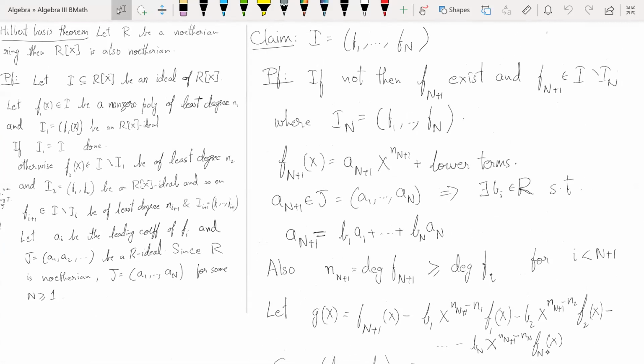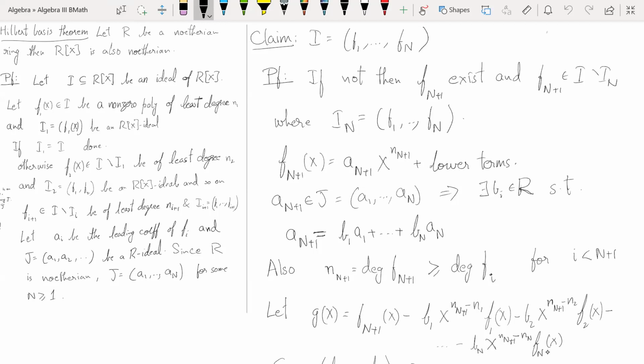So the claim is I is generated by f1 to fN. Suppose not. Then f(N+1) exists, and f(N+1) is some element of I minus I sub N, where I sub N was the ideal generated by the first N guys.